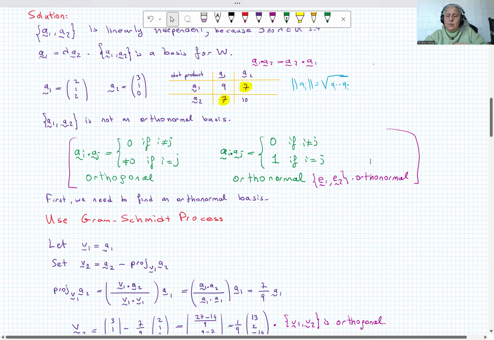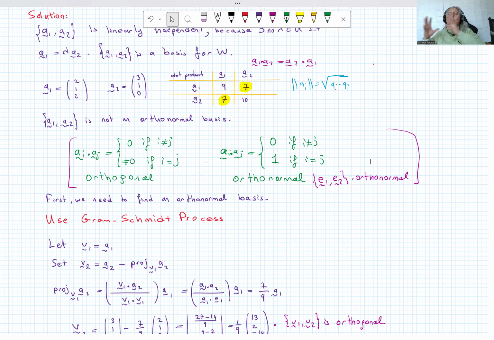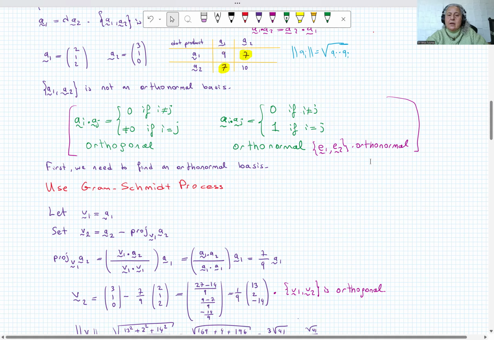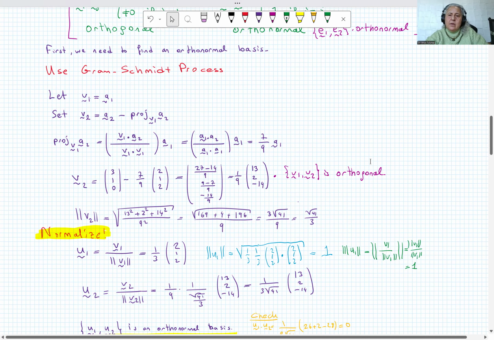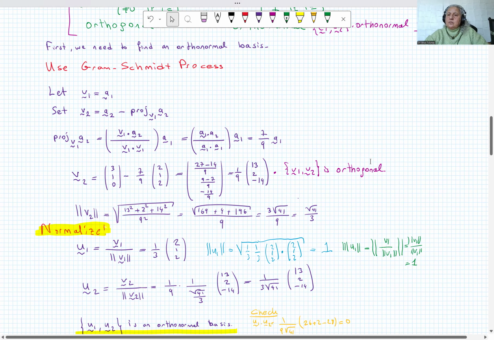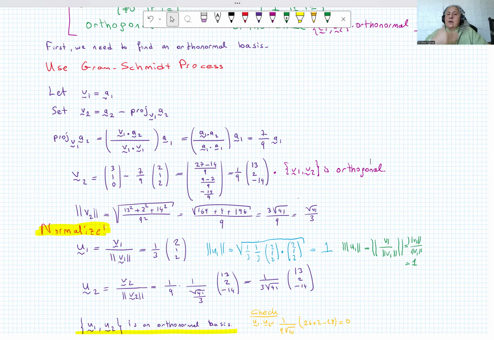Okay, what we learned last week is that if you have any basis, we can always obtain an orthonormal basis by using the Gram-Schmidt process. So that's what we're going to do. We need to use the Gram-Schmidt method to find an orthonormal basis so that we can use the projection formula to calculate the projection. That's the aim of the game.